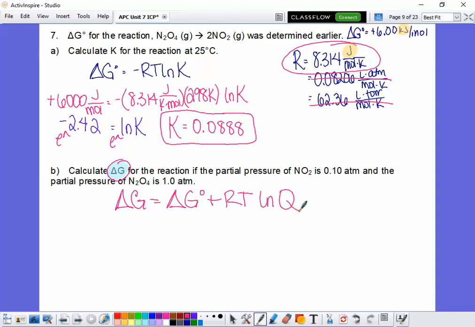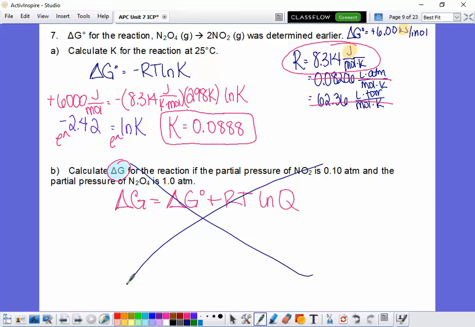You better find it. Is it on your formula sheet? No. It's not on your formula sheet. So what does that mean? You are not responsible for it. Okay?